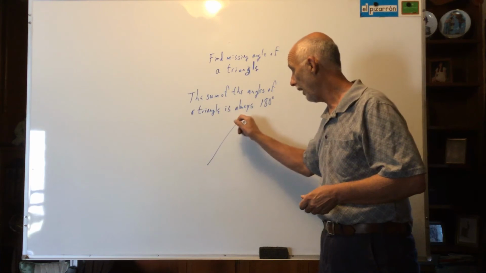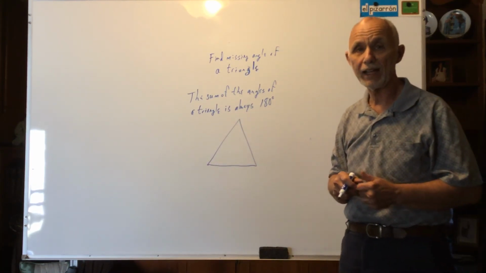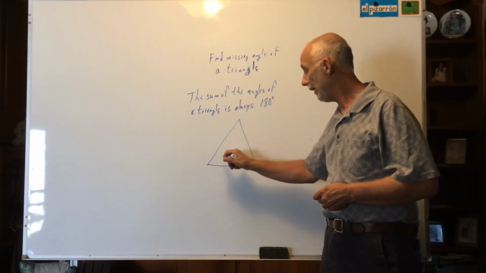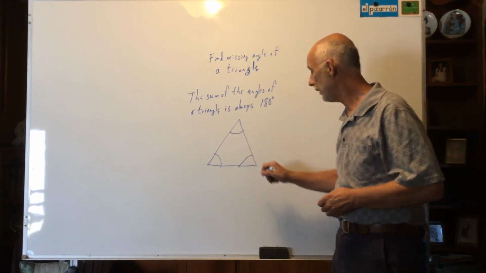By the way, at one time, years ago, I gave a class an assignment to prove that. To make a triangle out of cardboard and then to cut off the 3 angles and piece them together.